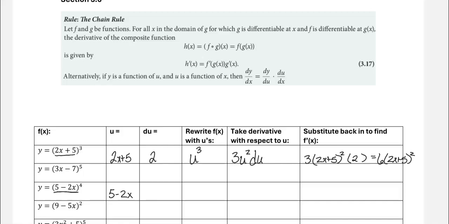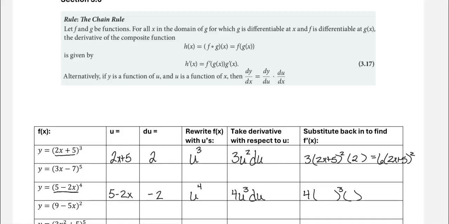If I pick this for u, my derivative of that would be a minus 2. So now I'm rewriting this. If this is u, I'm calling this u to the fourth. And then I'm going to take the derivative of u to the fourth. That's going to be 4u cubed. And you always have to show you took that derivative with respect to u. And then now we're just going to substitute back in.